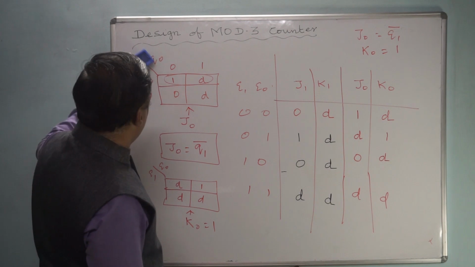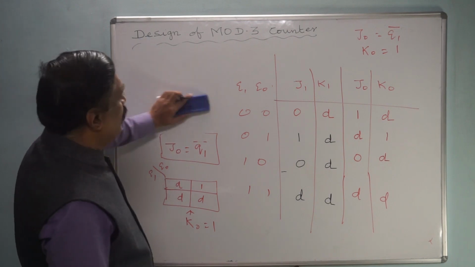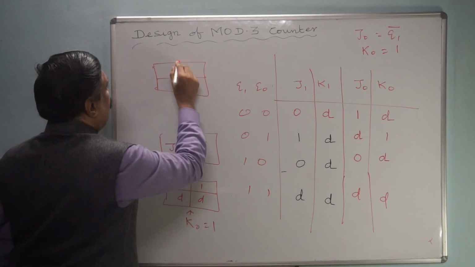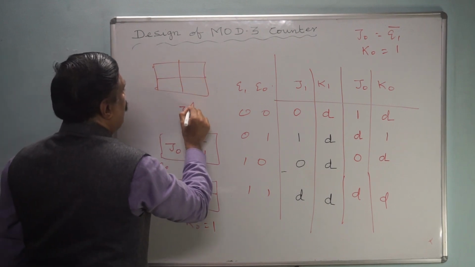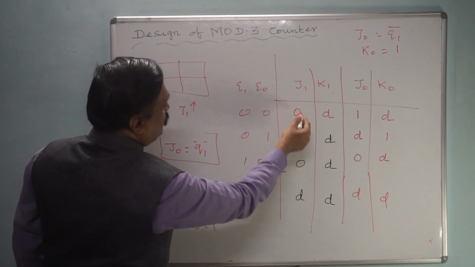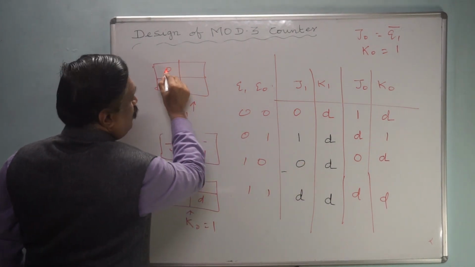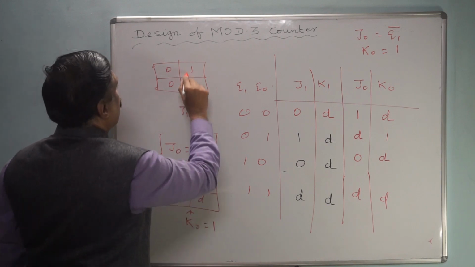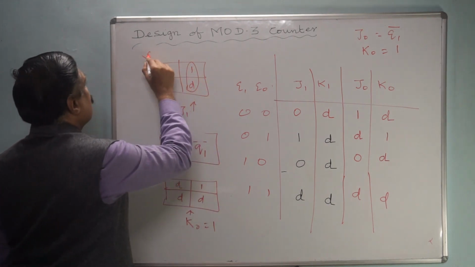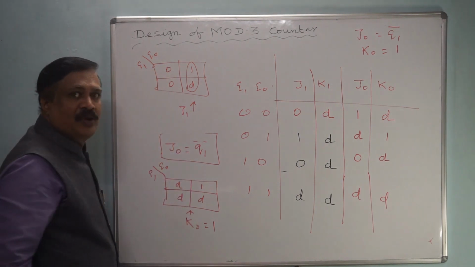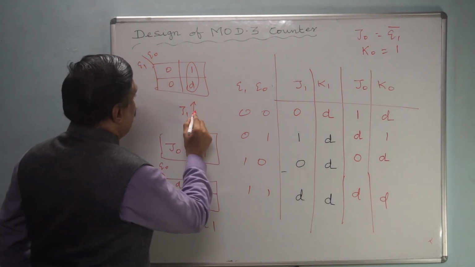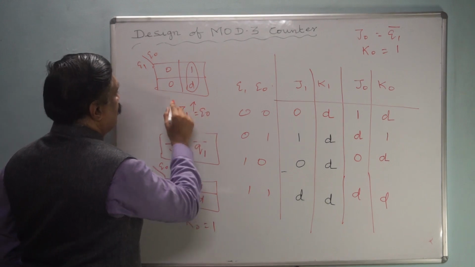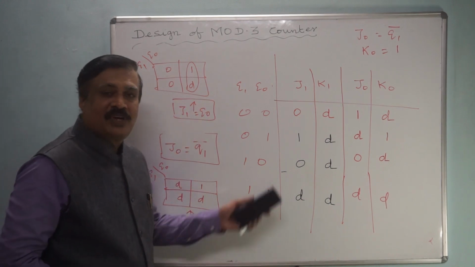Now you have to go for which one? J1. Then you substitute for J1 again here, this one. 0, 1, 0, D, that means this will be there. This is your Q0, this is your Q1, therefore J1 equal to Q0. I think you understand this because already you know this.